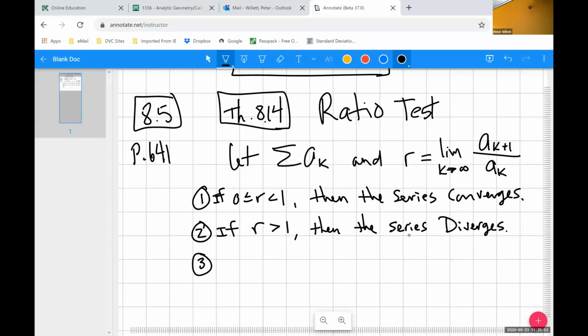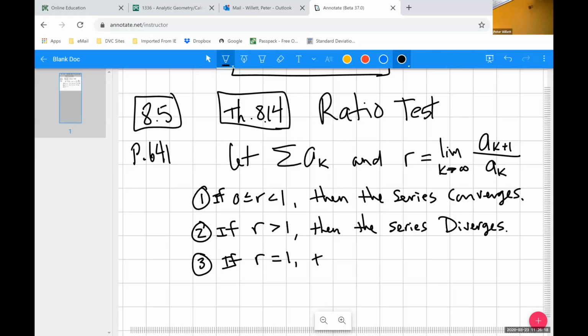So the only case left to consider is, what if r is equal to 1? This basically means it's kind of like they're staying constant, but we don't know. And that may be more confusing, but basically in this simplest format, that means that the test is not going to be helpful.